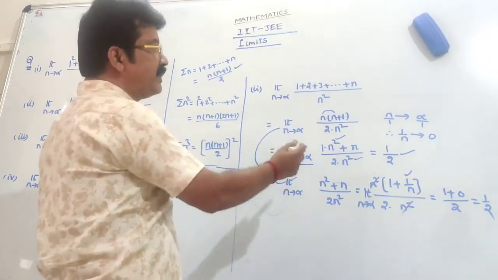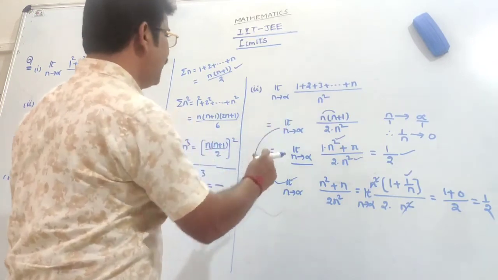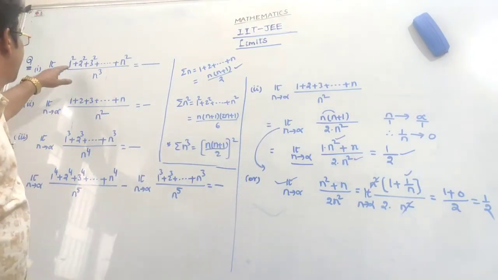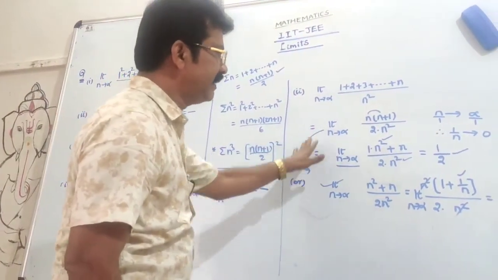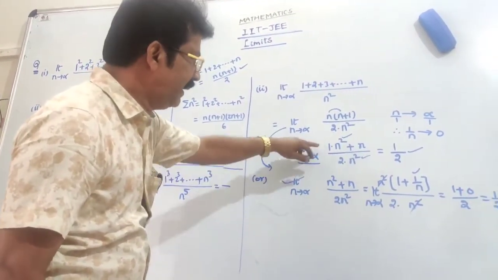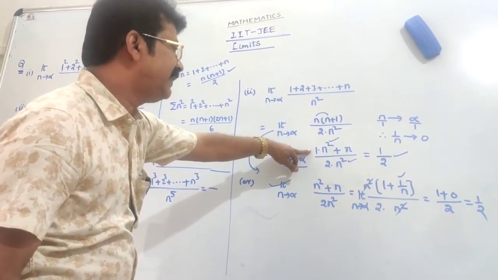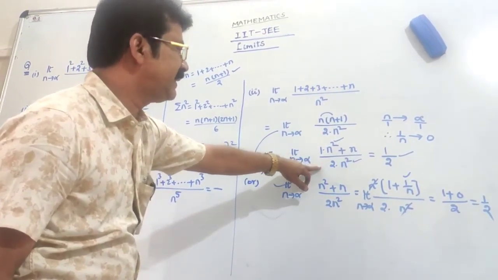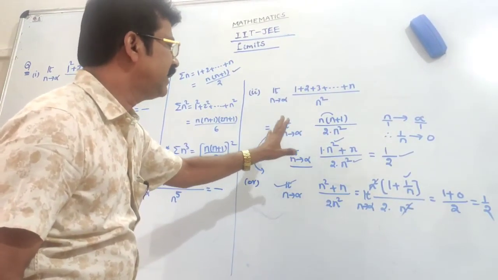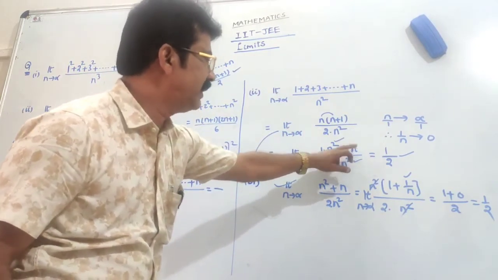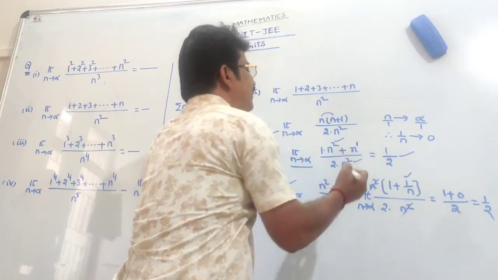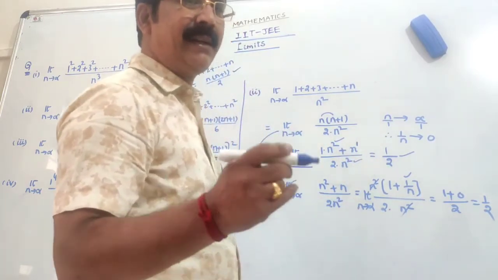Understand? So two methods are there. Similarly, you can follow either the procedure or the shortcut in the remaining questions. Whenever the numerator degree is equal to the denominator degree, just take the coefficients of the highest degree.